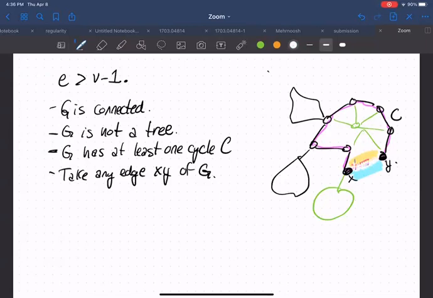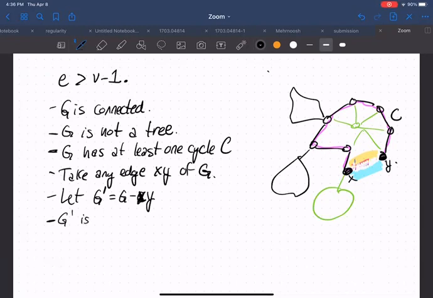Okay, so erase that edge. So we'll say let the graph G prime be what happens when you take G and you remove the edge, not E, call it XY. Okay.